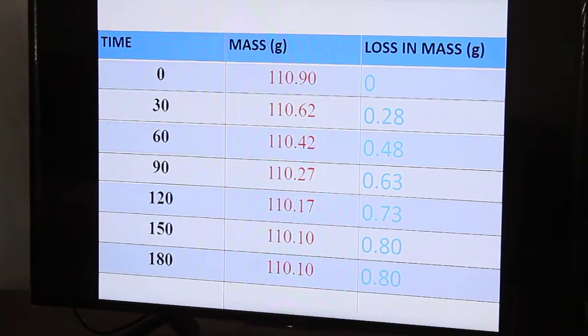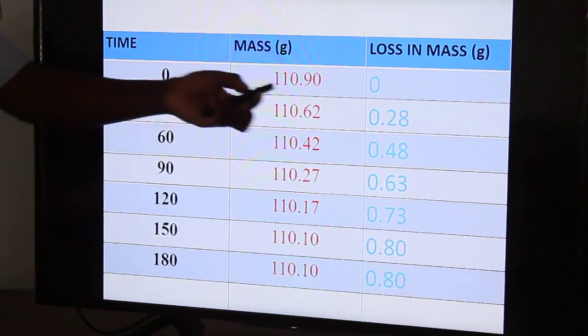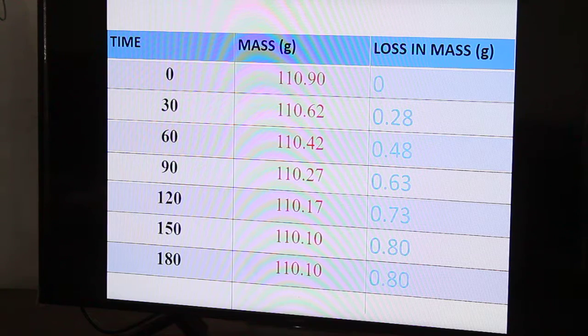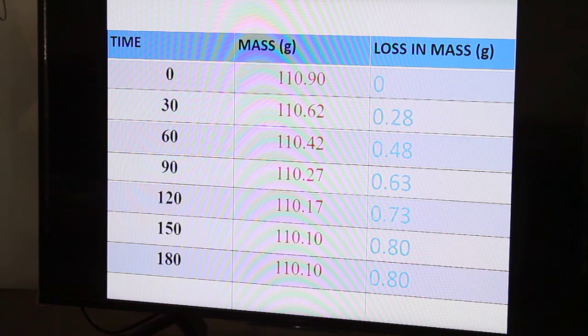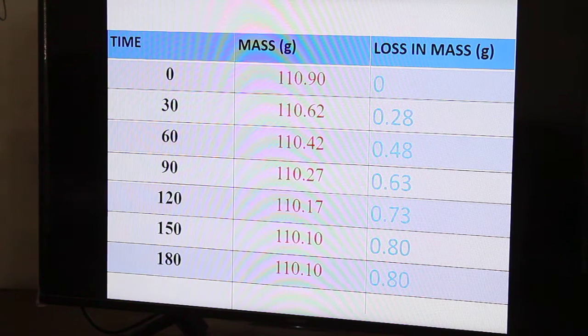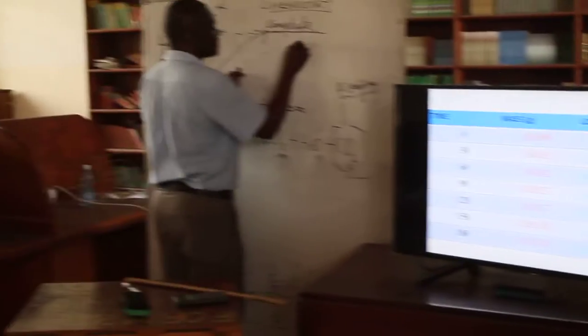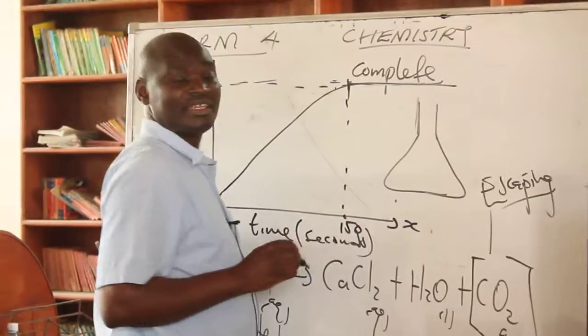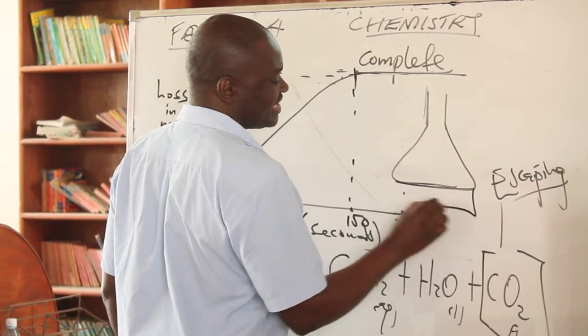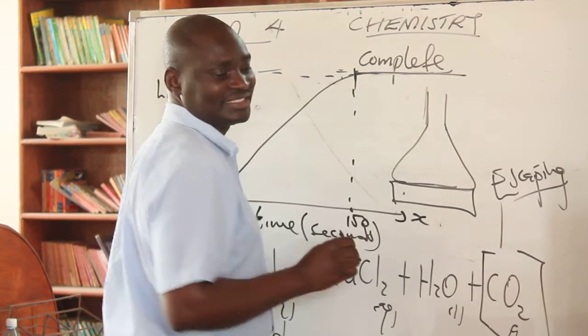What is that original mass? The original mass is the original mass of the calcium carbonate plus the hydrochloric acid plus the conical flask. Because in our experiment we had a conical flask and an electronic balance.